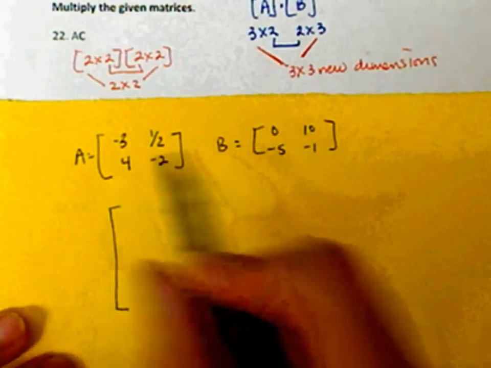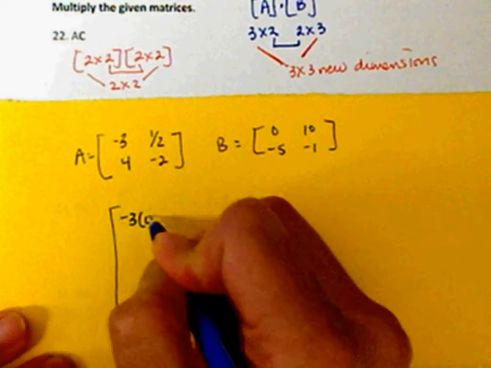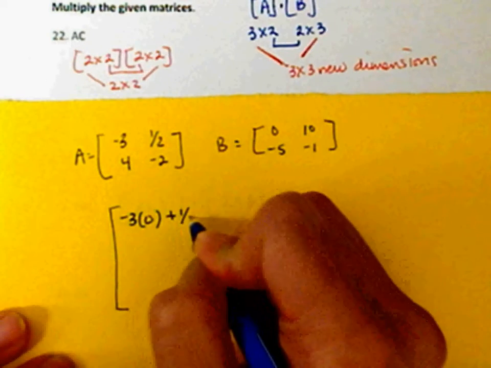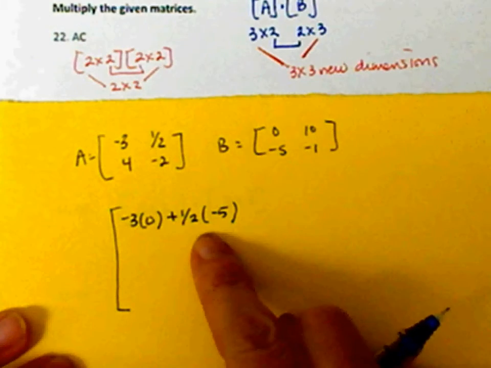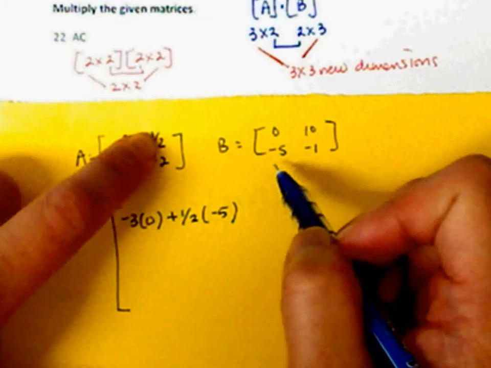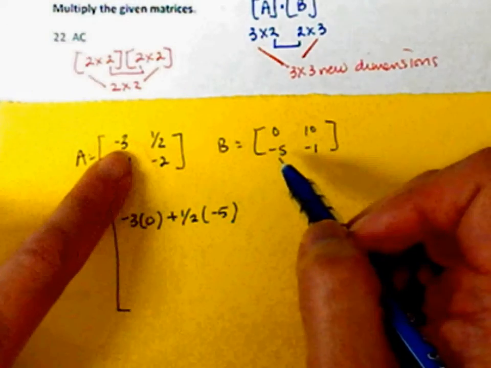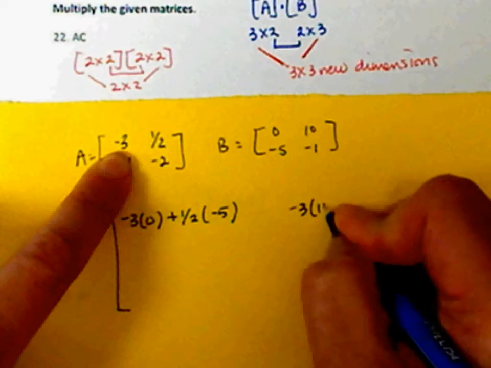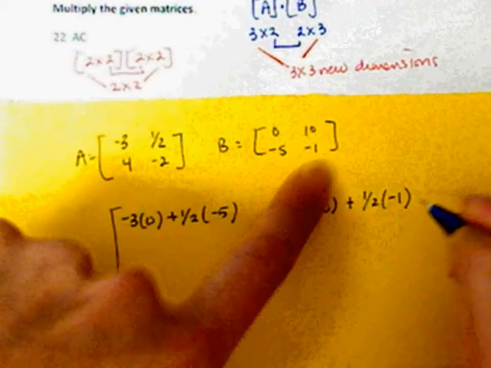So what you do is you take negative 3 times 0 plus 1/2 times negative 5. That's going to be your first entry. Okay, this one with this, and the second column with the second row. Next entry, negative 3 times 10 plus 1/2 times negative 1.